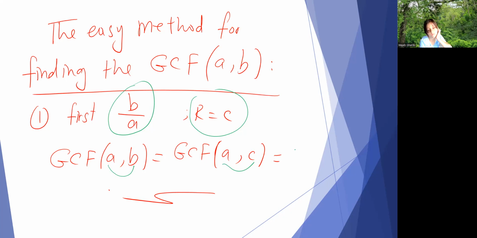We put the smallest number here, and here the greatest common factor. For example, the greatest common factor of A and 0 will be A, because the greatest common factor of any number and 0 is the same number.